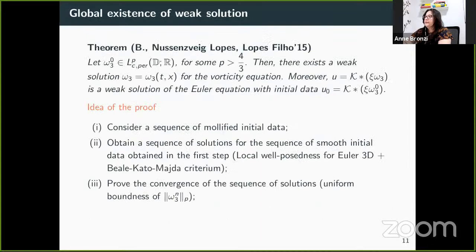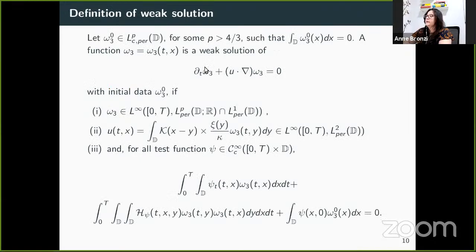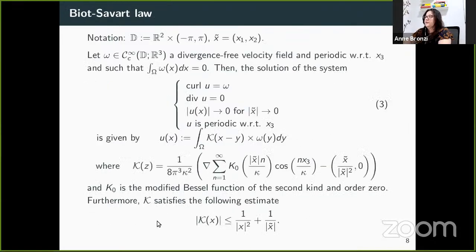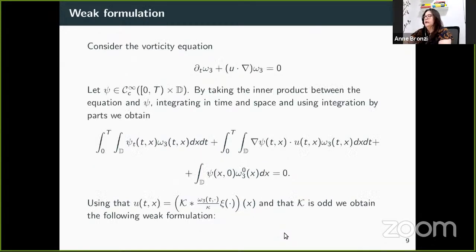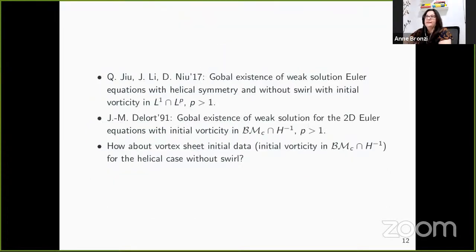One problem here is that this 4/3 that we obtained is because of this estimate that we have in the kernel. We couldn't improve this because this is the best we could get from the kernel.